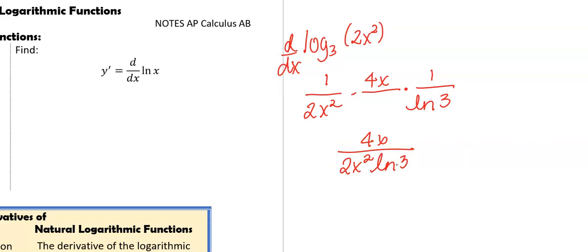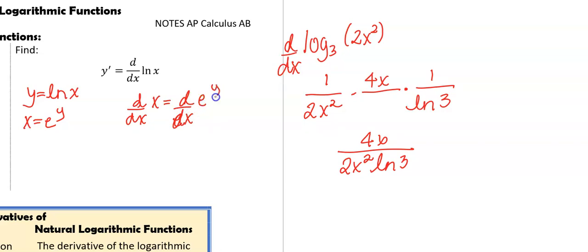Let me get you started for the last one. So here we have y is equal to natural log of x. If we rewrite that, that means that x is equal to e to the y. So let's take the derivative of both sides. Derivative of x is 1.